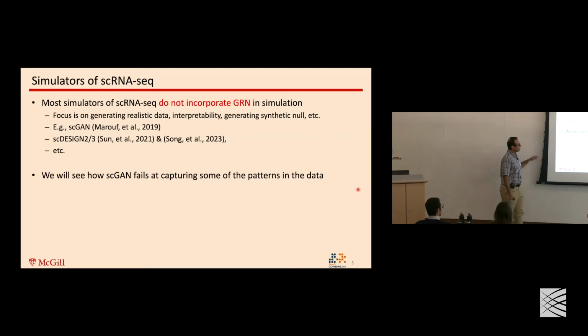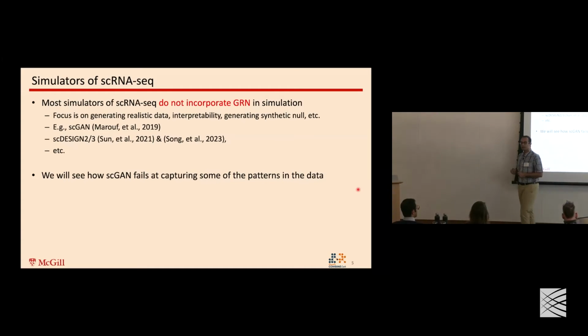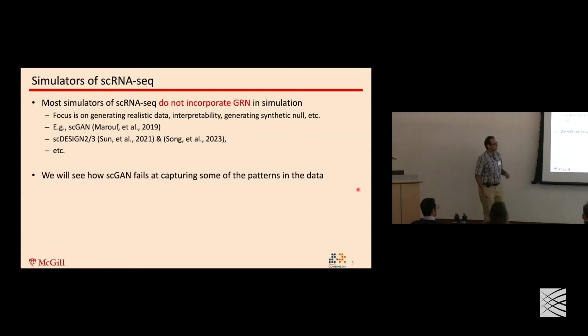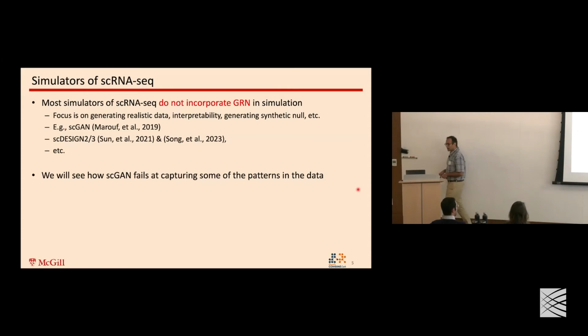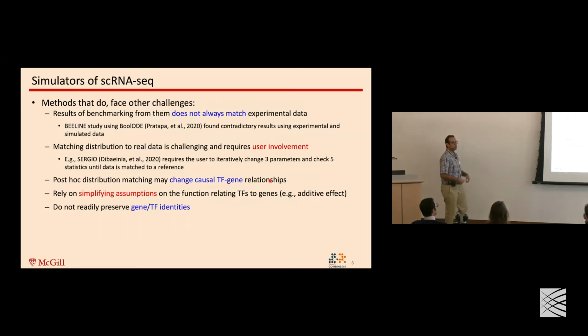So for example, I will show you today that scGAN fails to capture some of the relationships that exist in the reference data set. Now, there have been methods developed that allow you to impose a known gene regulatory network in your simulated data.